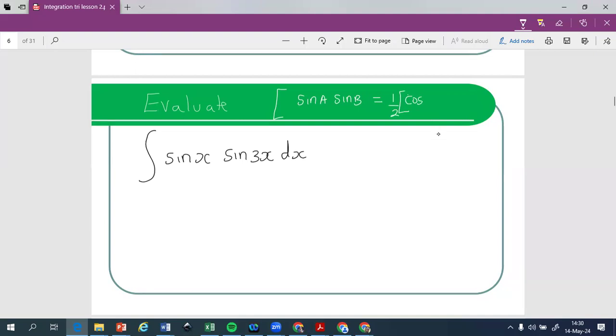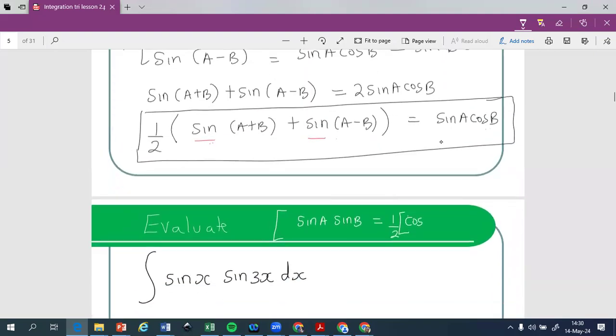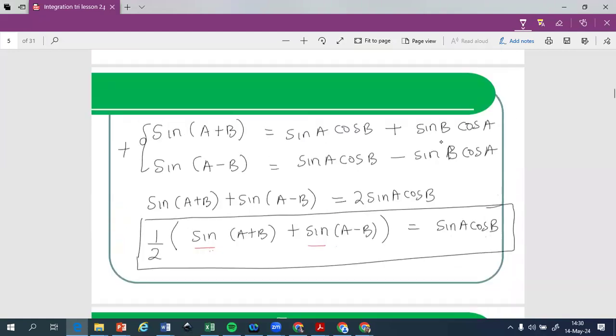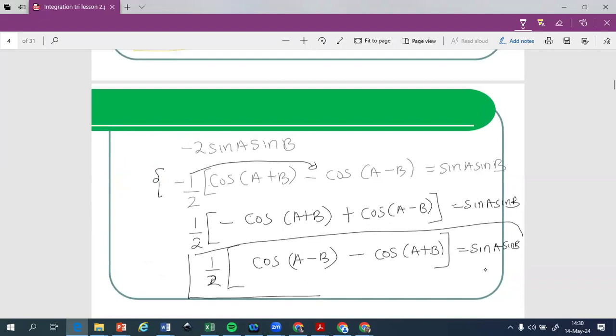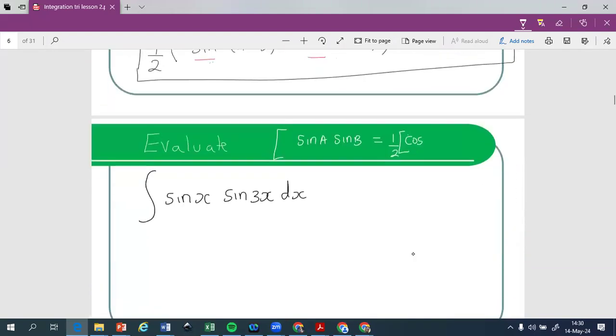Or you can even go back, feel free always to check what is sine sine giving me. You come back here, it will give you cos A minus B minus cos A plus B. That is the only thing you need to know.